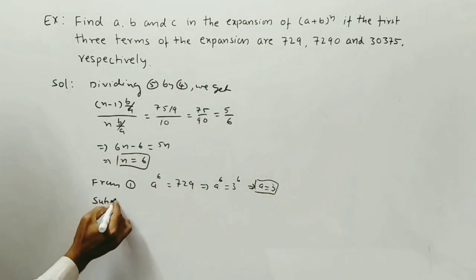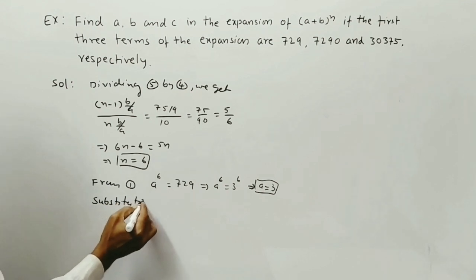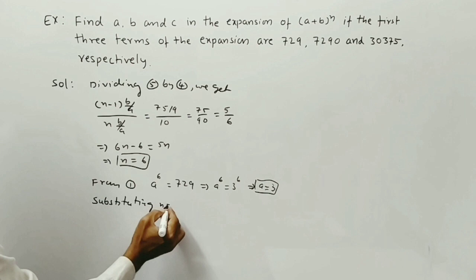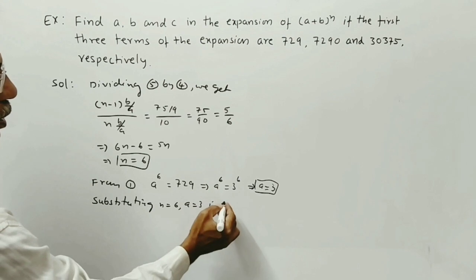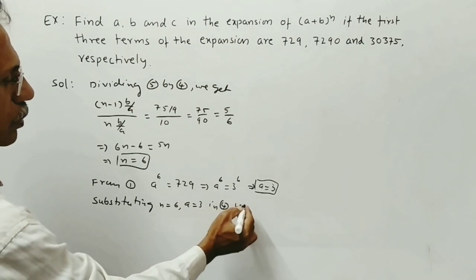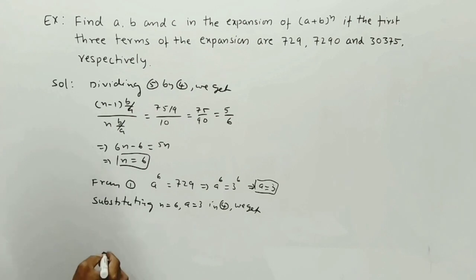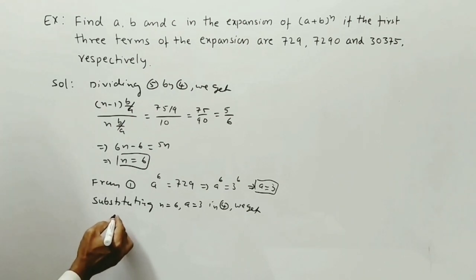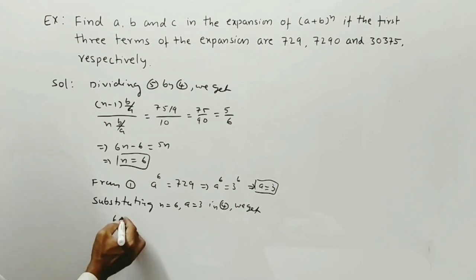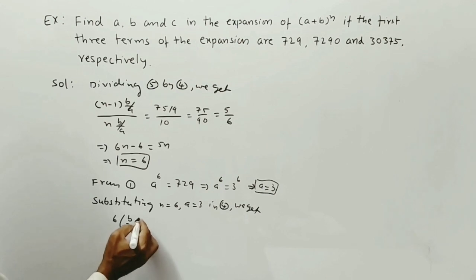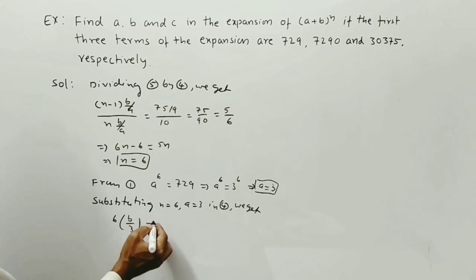Substituting n is equal to 6, A is equal to 3, in 4 we get 6 into B by 3 is equal to 10.